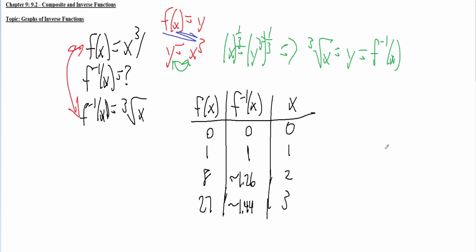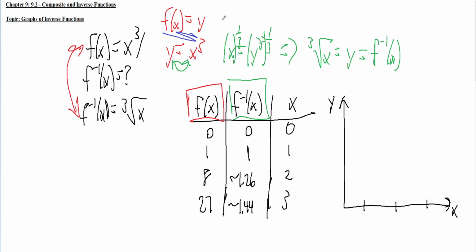Okay, so if we wanted to go ahead and graph that, we can do that over here. We have our y values, and then our x values on our axis here, and then the first 3 points. To color code this, I'll do f of x in red and the inverse function in green.